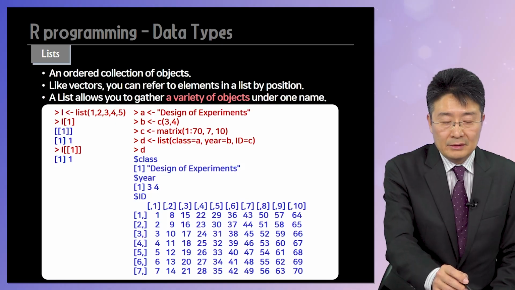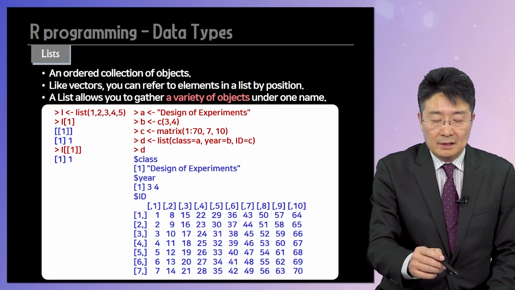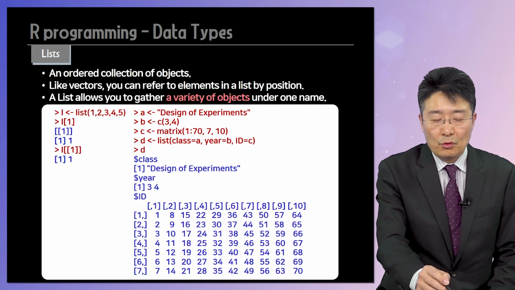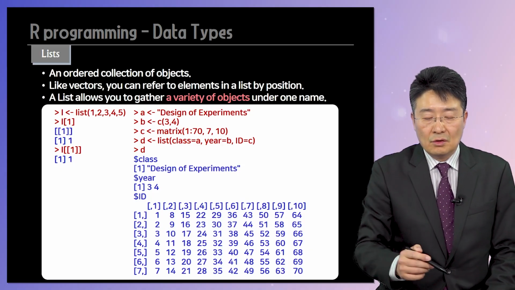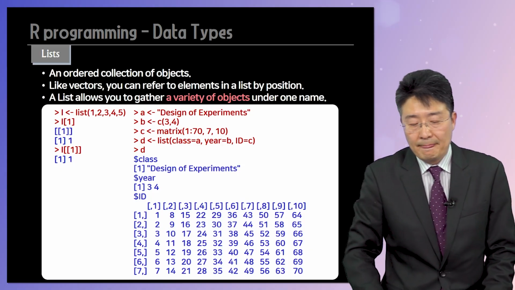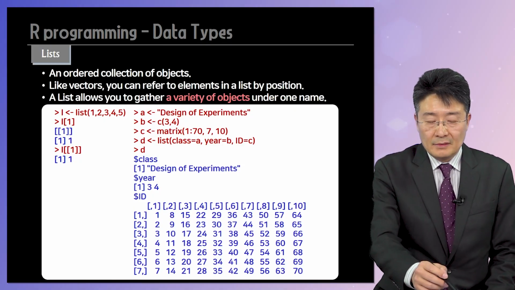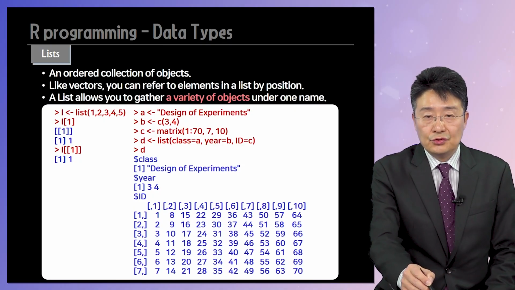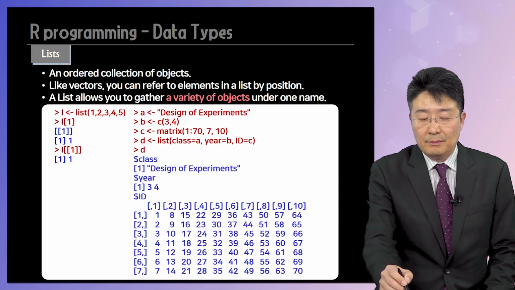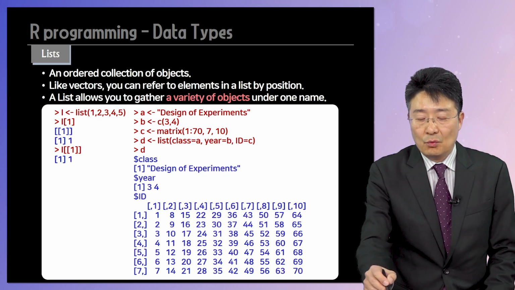Let me explain about lists. This is an ordered collection of objects. A list allows you to gather a variety of objects under one name.